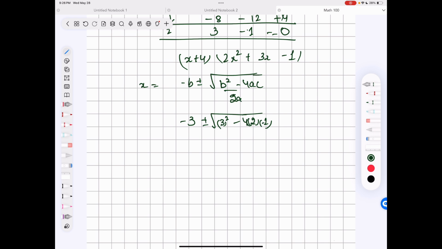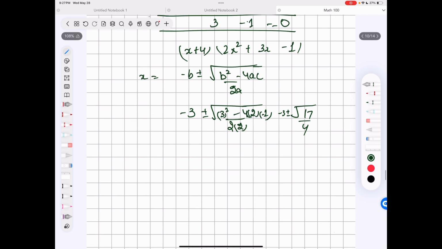So minus minus is going to be plus. It's 2 into a is 2, so we would get minus 3 plus minus 3 times 2 is 9, and then 4 times 2 is 8, 8 minus 8 is, that's going to be 17 over 4.